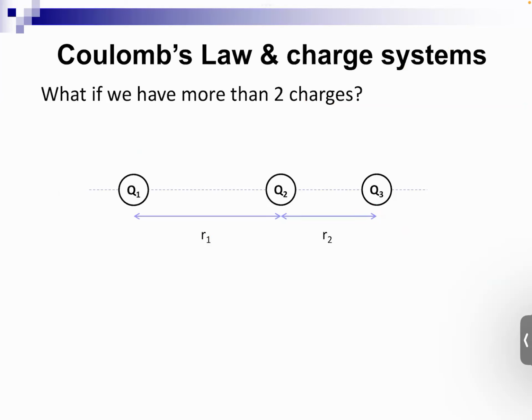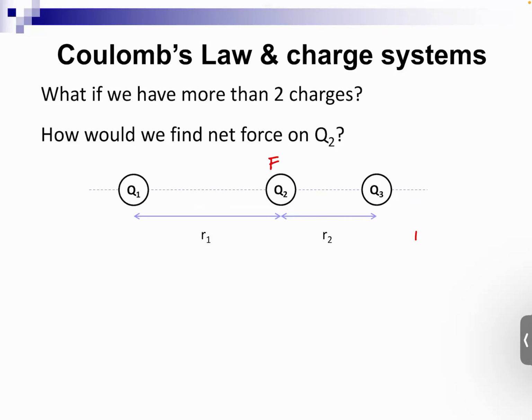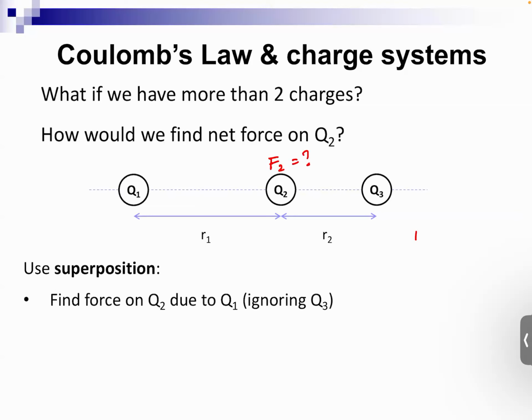Finally, before we wrap up this lecture, if you have more than 2 charges, for example here you have 3 charges and you want to find the force on Q2, how do you find the force? The trick there is to use superposition, meaning calculate the force between 2 charges, because Coulomb's law only involves 2 charges.